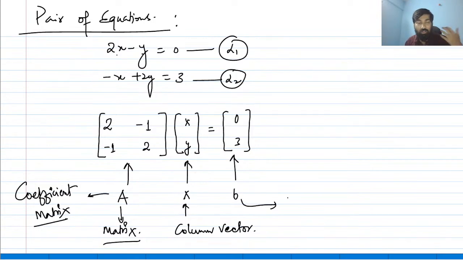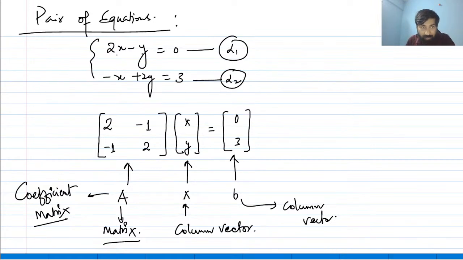This is also a column vector, guys. So what we are doing here is multiplying a matrix and a column vector, and you get a column vector. We have got a pair of equations. You can also tell me the value of x and y quickly. Write the value of x and y in the comment box.